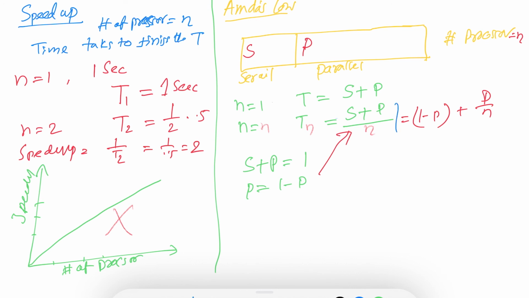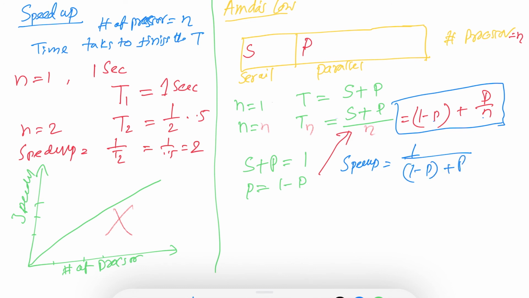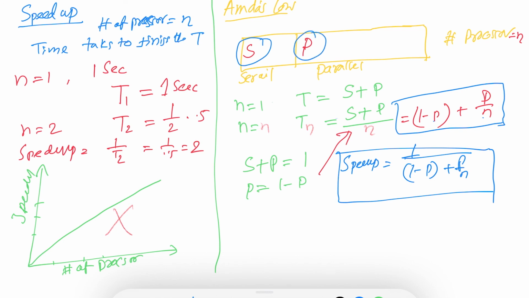This is the time taken, depending on the serial part, the parallel part, and the number of processors. And if you want to calculate the speed up, it is simply 1 upon 1 minus p plus p by n. So this is the law that Amdahl stated. The speed up with n processors depends on the serial part of a program and the parallel part of a program, as well as the number of processors in the system.